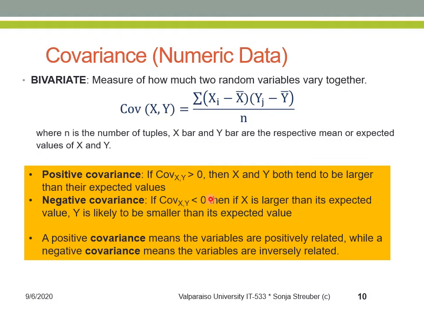If we come out with a negative covariance, then if x is larger than its expected value, y is likely to be smaller than its expected value, which means we have an inverse relationship between those two attributes. So in other words, a positive covariance means that the variables are positively related, and a negative covariance means that the variables are inversely related.